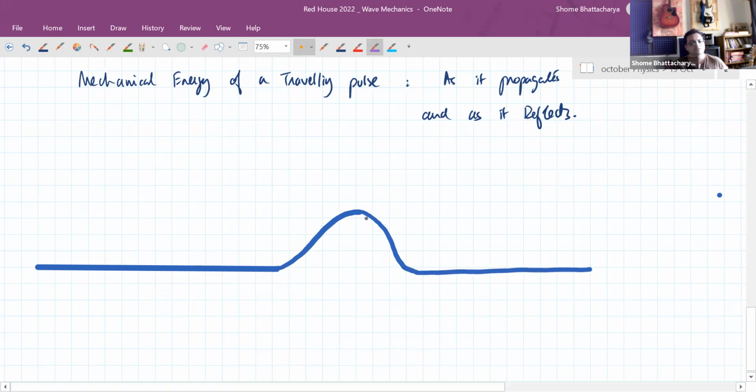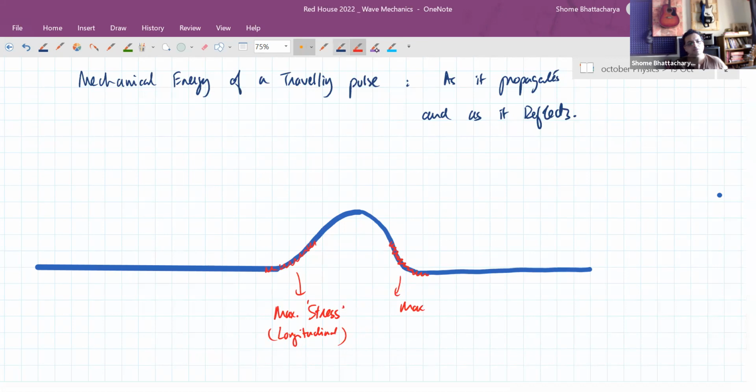So what is happening is that at this point of time, if you understand this portion of the string and this portion of the string, they are under maximum longitudinal stress. Because this is the part which is stretched out.